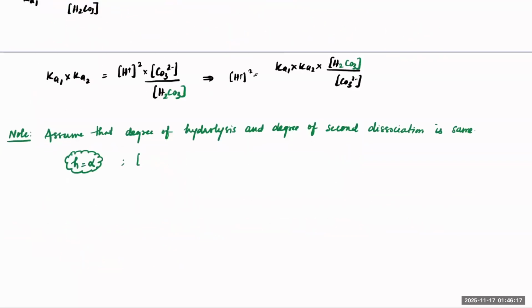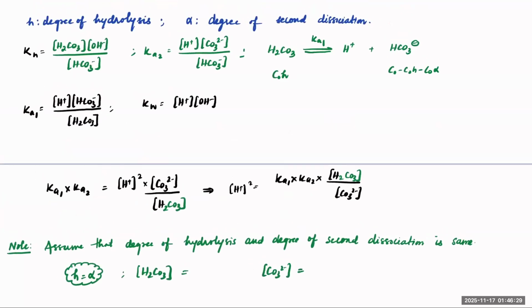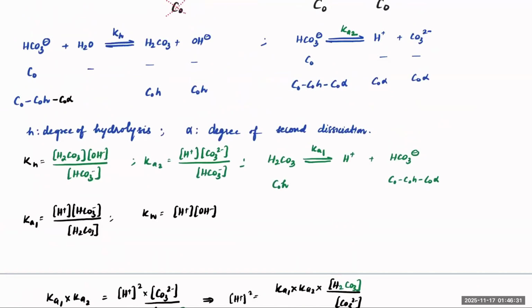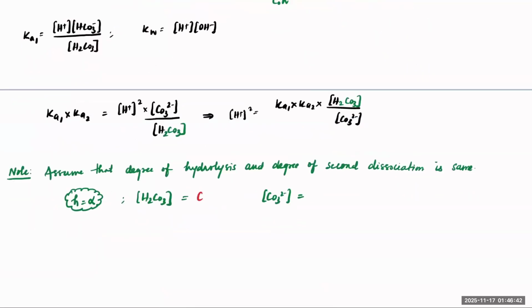So please check what is H2CO3 concentration here. Similarly, check out CO3 2 minus concentration. H2CO3 concentration is equal to C0 h, while CO3 2 minus concentration is equal to C0 alpha. So this is C0 h and this is C0 alpha.